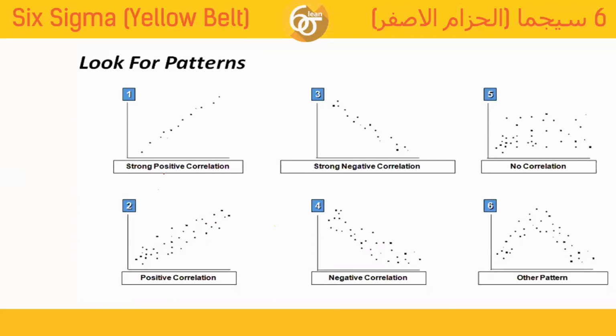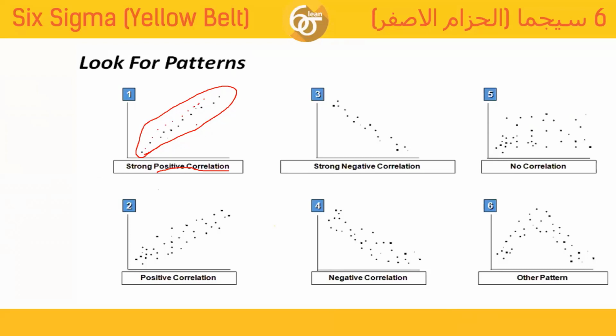There is a positive correlation. The data goes from the left to the right with this shape. When you see it, you immediately realize this is a positive correlation, and the data variation is small.